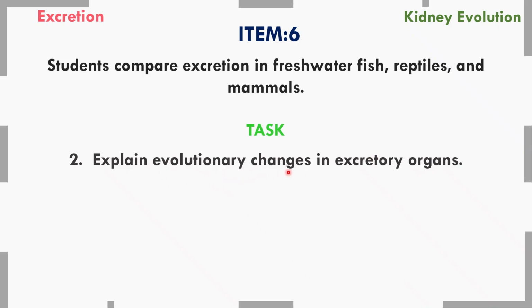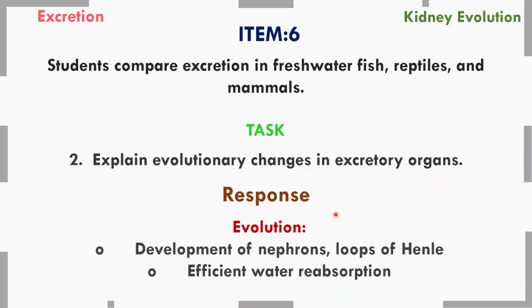Explain evolutionary changes in excretory organs. Evolution: development of nephrons and loop of Henle, which results in efficient water reabsorption.